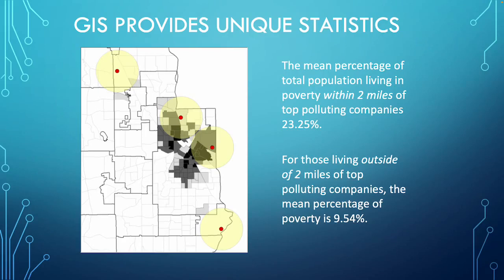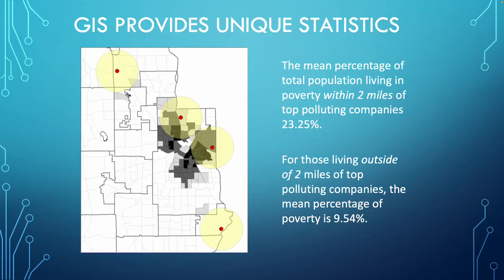and then the power of GIS is that it can actually go in and average these values of everything that touches this. You can cut things out and look at it in lots of different ways. There's lots of different kinds of statistics you could do, but in this particular case, if you were interested in showing that polluting companies are located in poorer neighborhoods, you've pretty well demonstrated that the percent of population living in poverty within 2 miles is 23.25%.